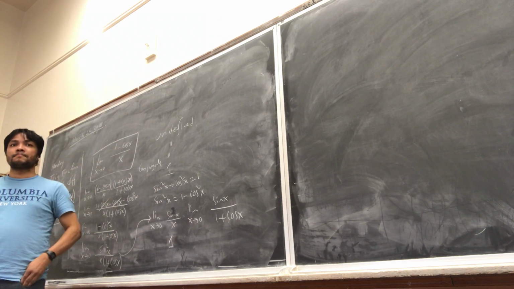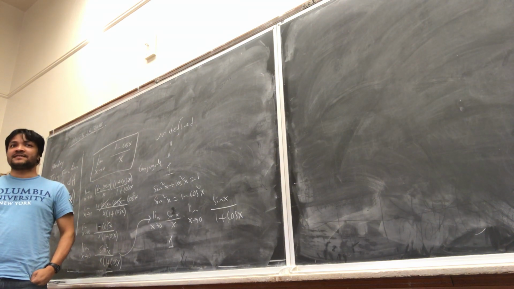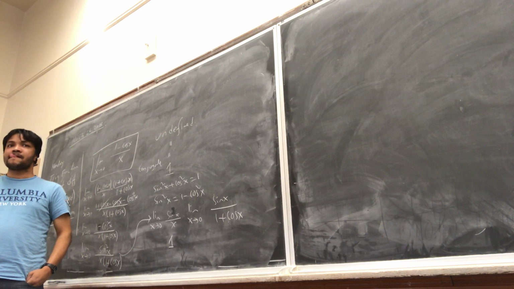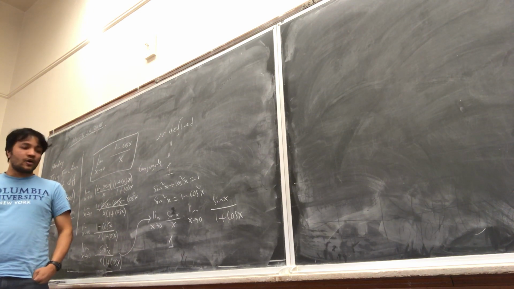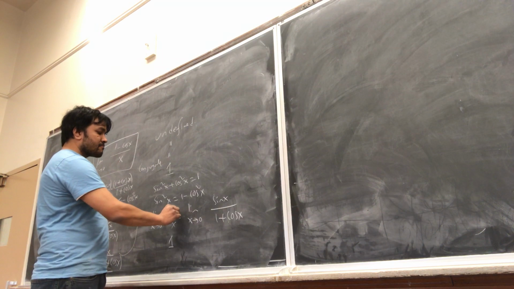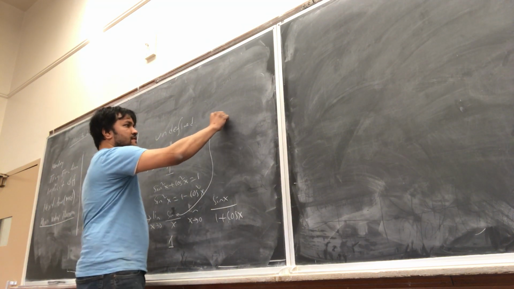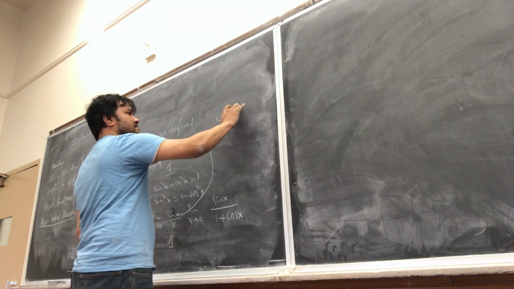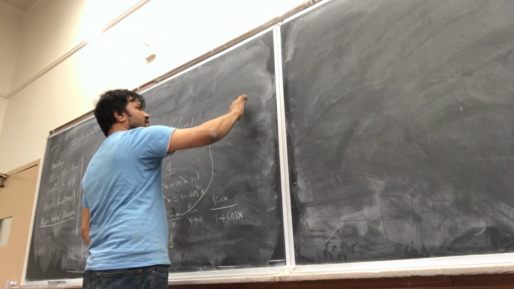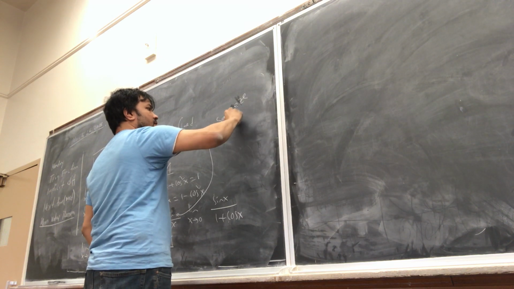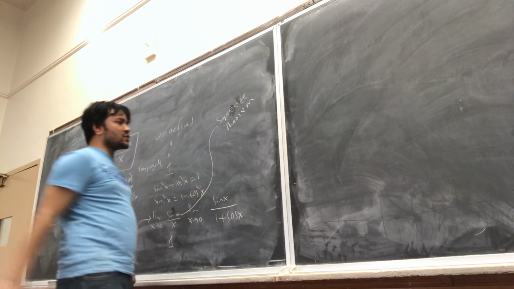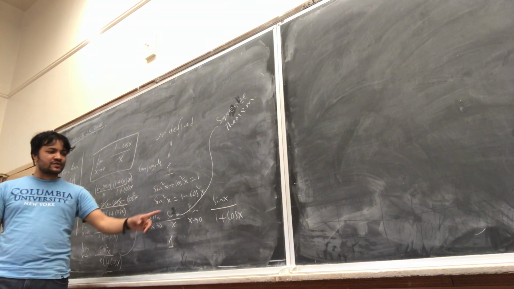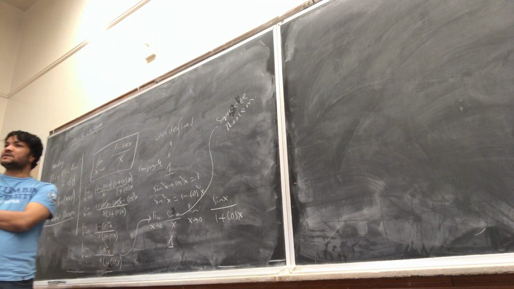We are supposed to know that. This is called the squeeze theorem. The squeeze theorem allows us to write that the limit as x goes to 0 of sine x over x is 1.